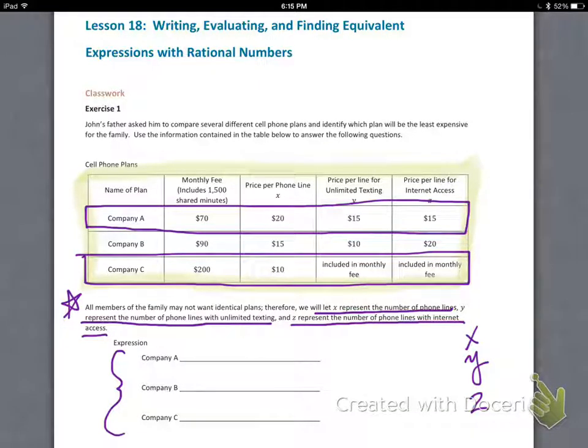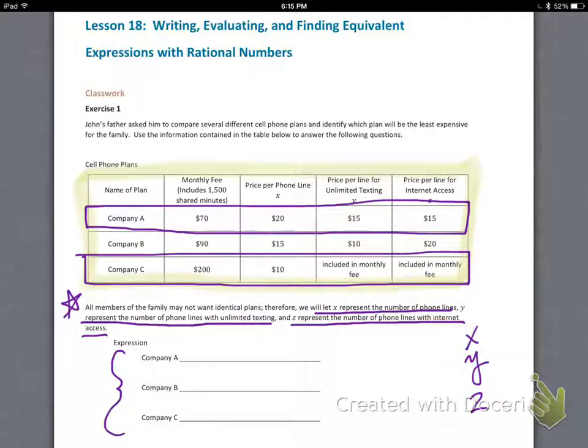All right. So if we are going to write an expression for all three of these companies, I will do company A, and I'll let you pause and do B and C and come on back and we can check those together.